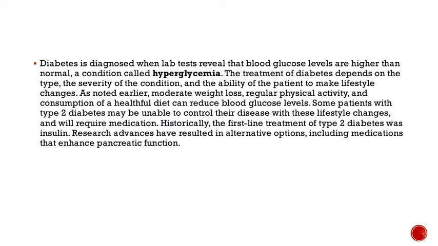Some patients with type 2 diabetes may be unable to control their disease with these lifestyle changes and will require medication. Historically, the first-line treatment of type 2 diabetes was insulin. Research advances have resulted in alternative options, including medications that enhance pancreatic function.